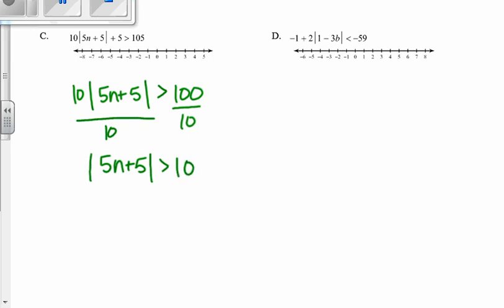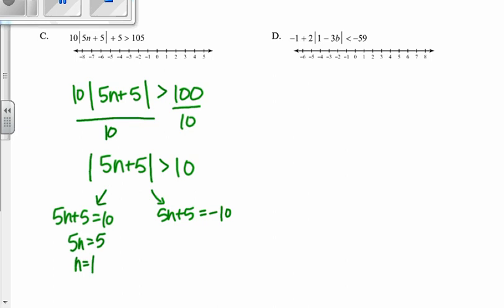Okay, so now I'm going to think of this as an equation. So I'm going to have 5n plus 5 is equal to 10, and 5n plus 5 is equal to -10. So solving both of these, if I subtract 5, I get 5n equals 5, so n equals 1.